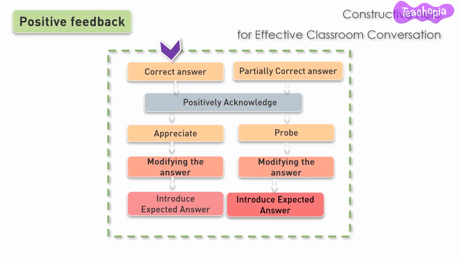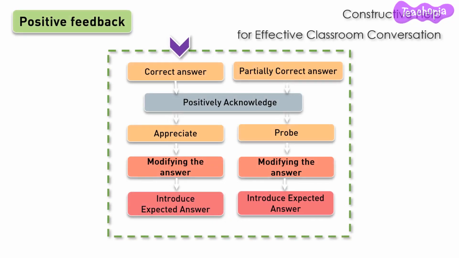When we receive a partially correct answer, where the child has used one or two keywords but has not given the full information you are expecting, what do you do then? You also positively acknowledge the child for the correct part of their answer. And then we spoke about a technique called probing, where you guide the child to understand what they have missed out and arrive at the expected answer in your mind.